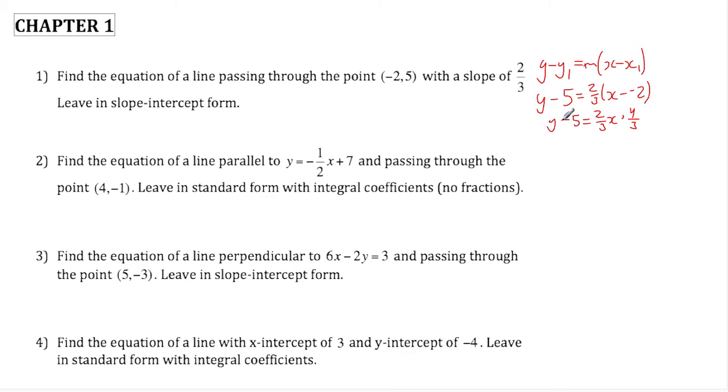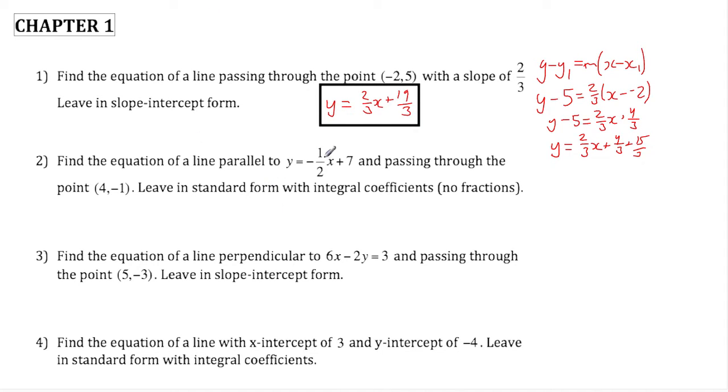This minus 5, sorry, moves over as 15 over 3. So we have y equals 2/3 x plus 4/3 plus 15/3. So we get y equals 2/3 x plus 19/3. It says leave in slope-intercept form, and that's what this is. So that is our answer.